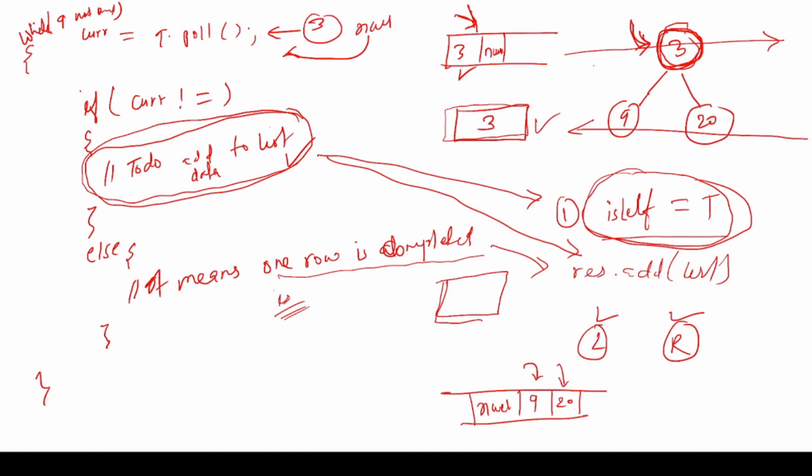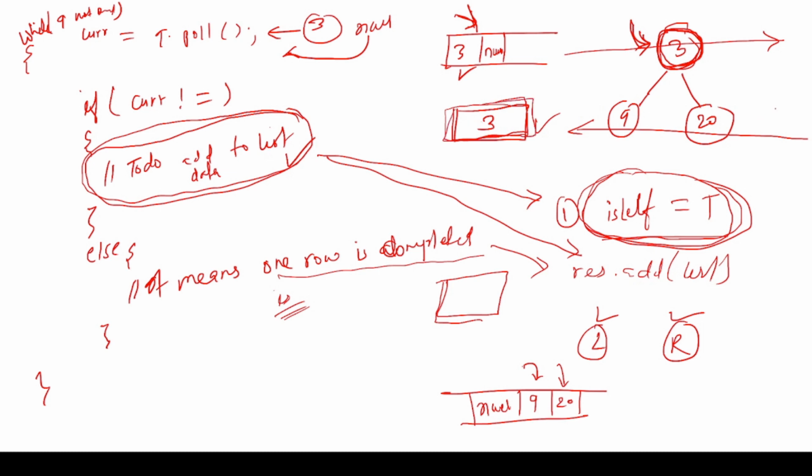If it is not null, we put it into the queue. Then we will check whether this is left or right. If this is left, let's suppose we are going left, we will add on the current onto the list, we will add first.